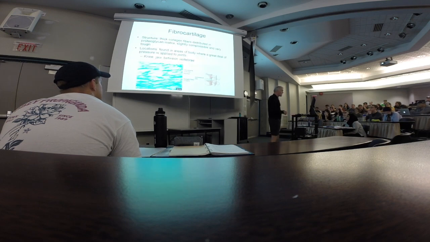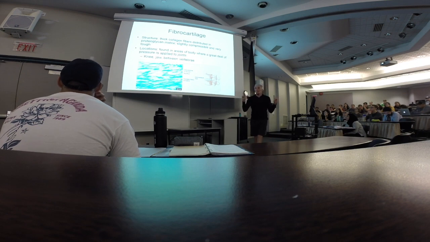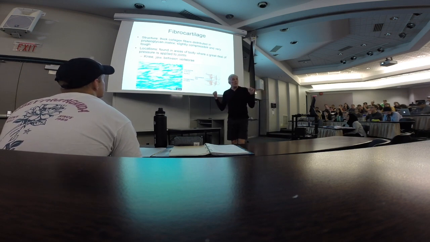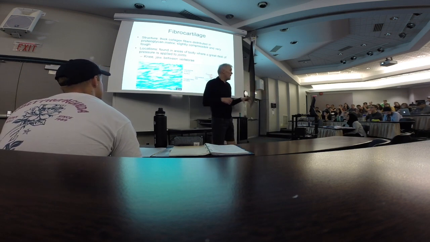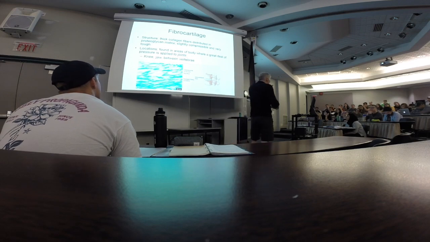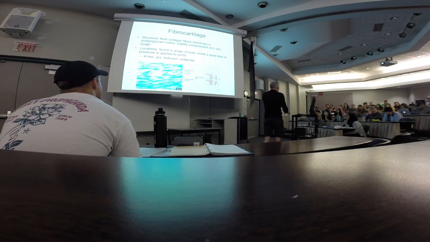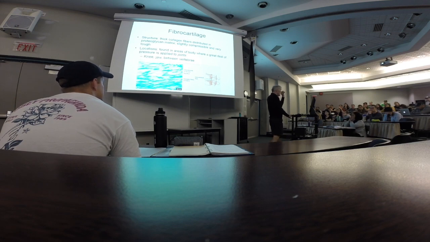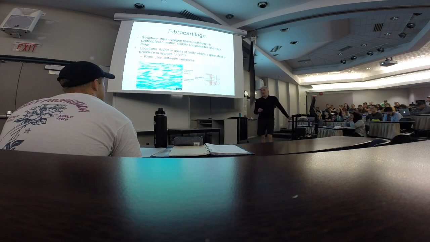So hyaline cartilage, fibrocartilage, two places between the knee and in the intervertebral discs. It is a cartilage that has more proteoglycan aggregate in its ground substance, right? And it has less densely packed collagen fibers than hyaline cartilage does. So it's a little bit more compressible.